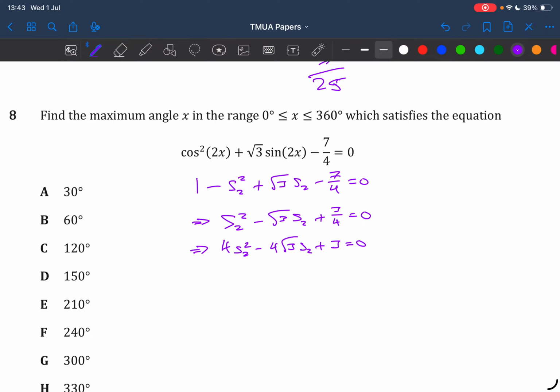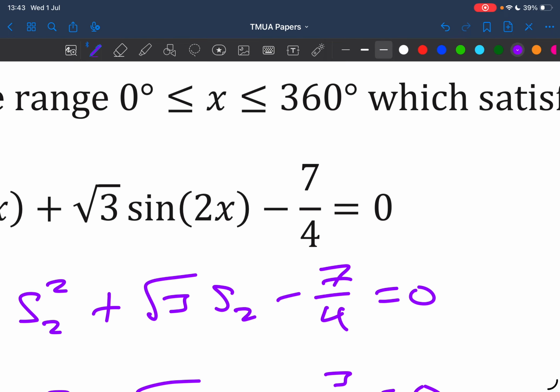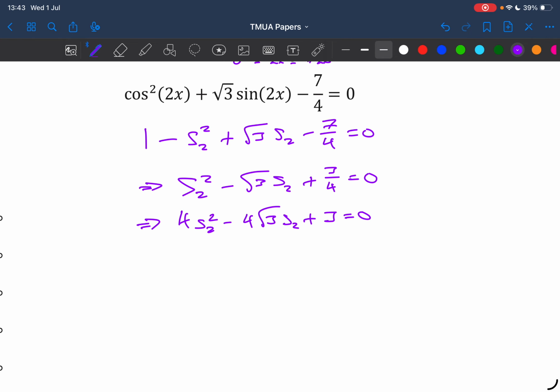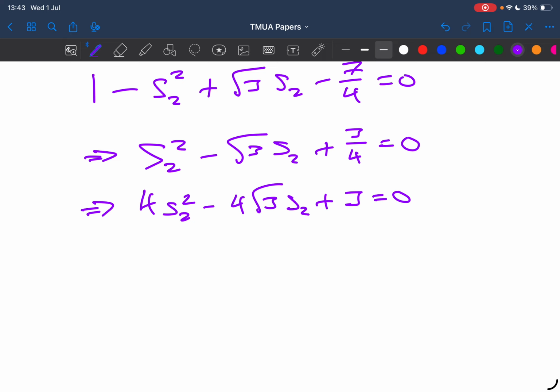Find the maximum angle which satisfies this. So one thing to notice, this is sine of 2x and cos of 2x, so our 2x goes all the way to 720. Let's go and factorize this now then. Is it a nice one? Not too sure, but let's see what we have. So our discriminant will be b squared, so it's going to be 16 times 3, 48, minus 4 times 4 times 3.